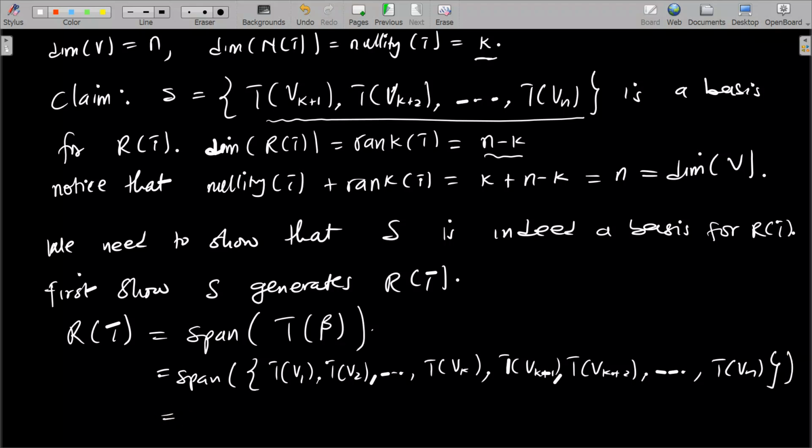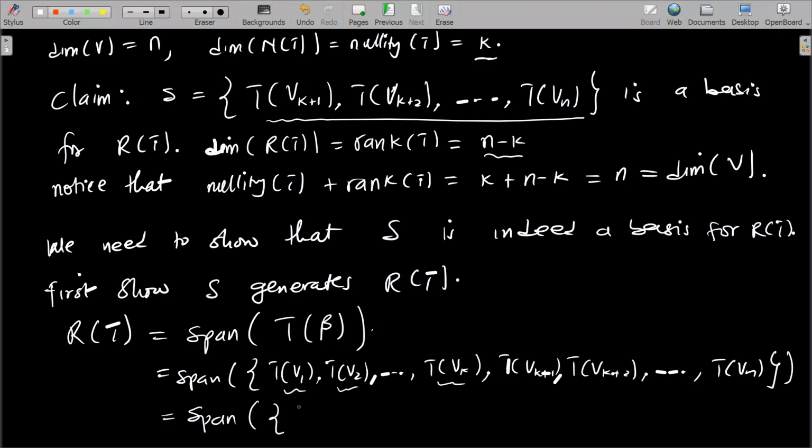And this, we know that T(v1) is 0, T(v2) is 0, T(v_k). So from v1 all the way to v_k, all of them will be 0. But if you have a spanning set that has 0 in it, we can throw it away because 0 can be part of the span, so we don't have to keep it.